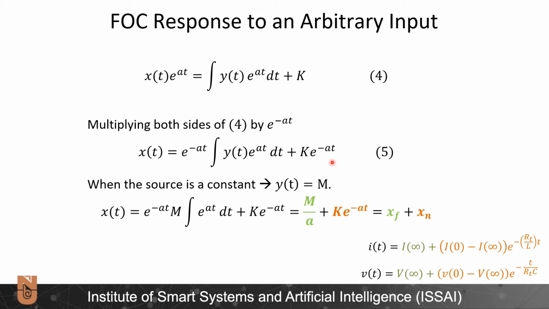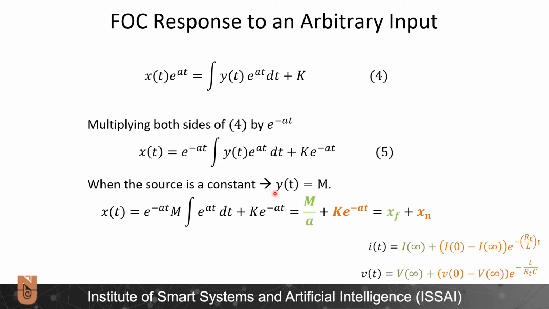Now let's have a closer look at this expression. The right side with k looks like the response of the first order circuits to initial conditions, and the left side, this expression here, depends on the inputs.